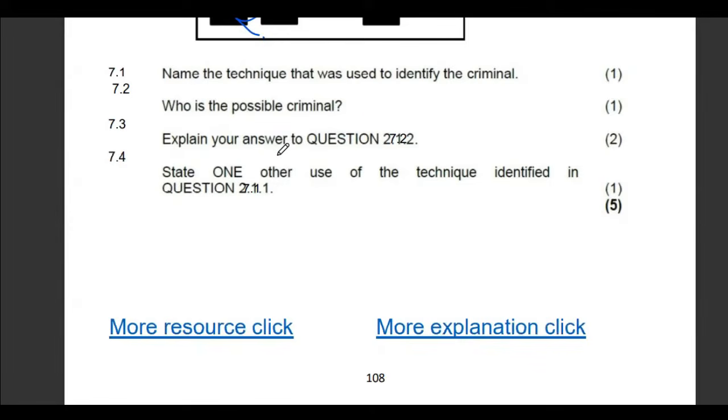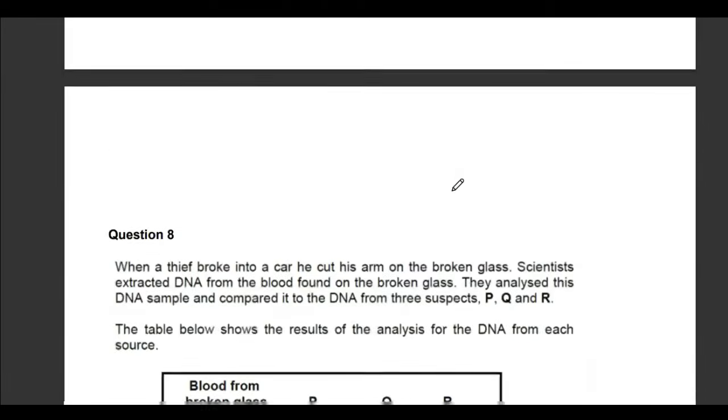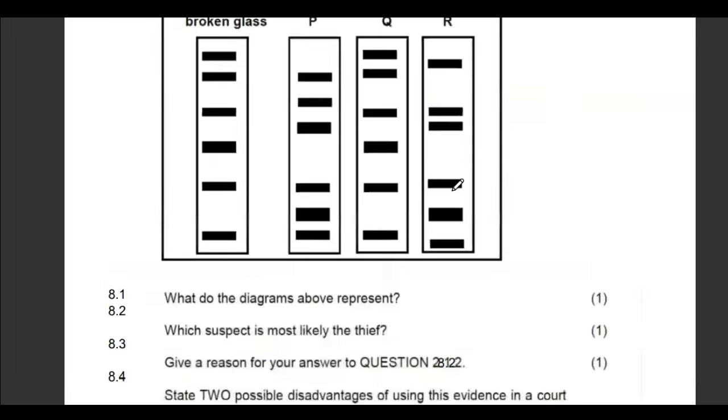So talk about the identification of the perfect organ donor. You can talk about lost relatives. You can talk about diagnosis of inherited diseases. So there are so many uses when you are dealing with DNA profiling.